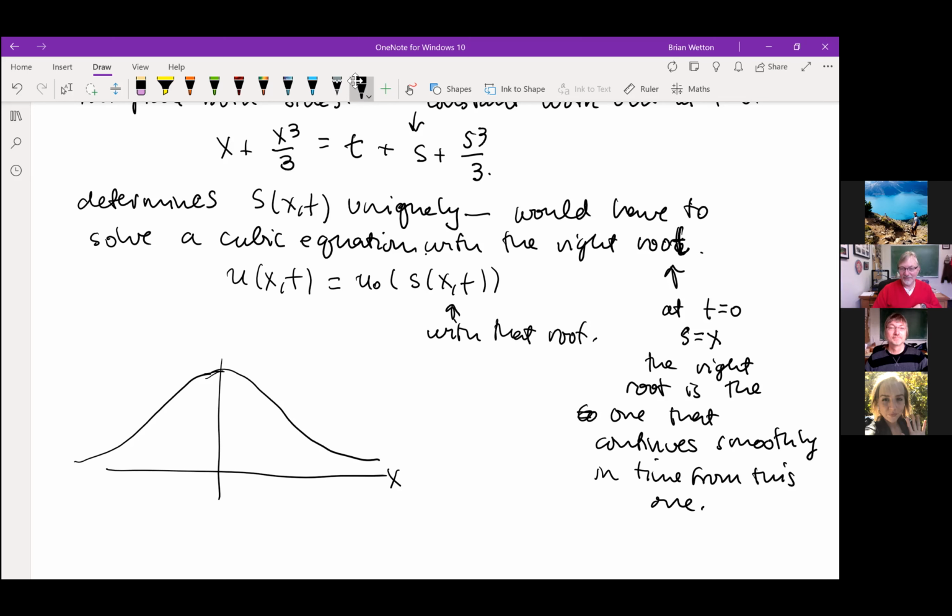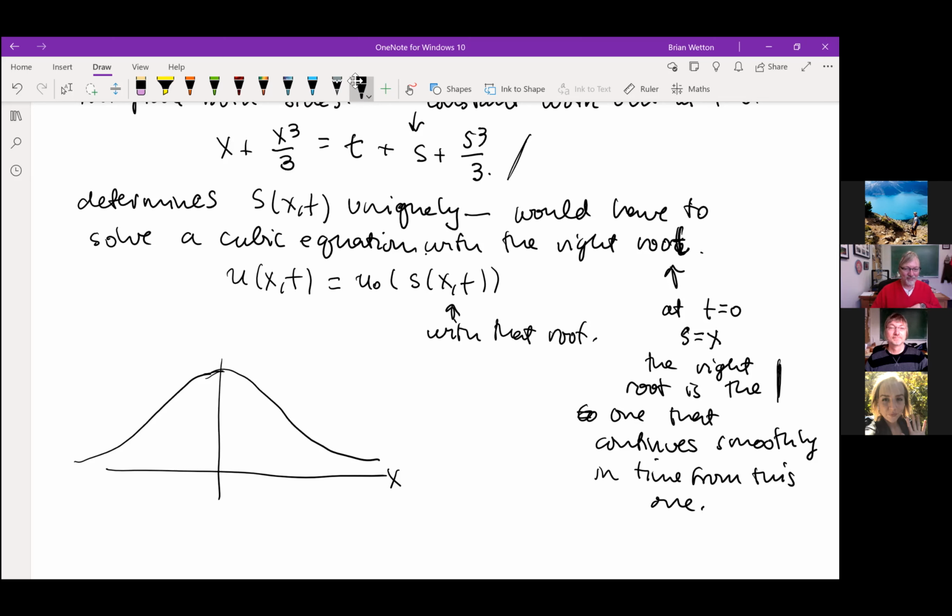And okay, so now do I know how to prove this right off the top of my head? Because I don't have it written out, but looking for s as a function of x and t, the roots don't cross, right? So once you've started at the right one, then if you continue smoothly, you'll pick the right one.